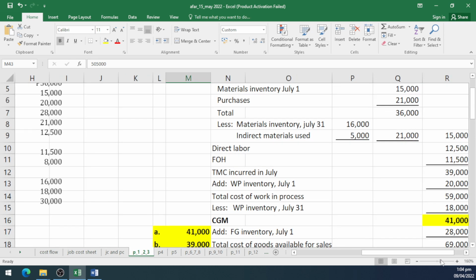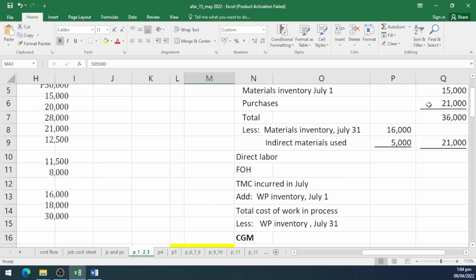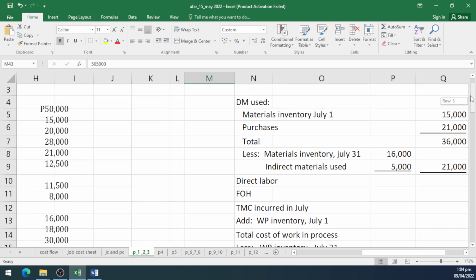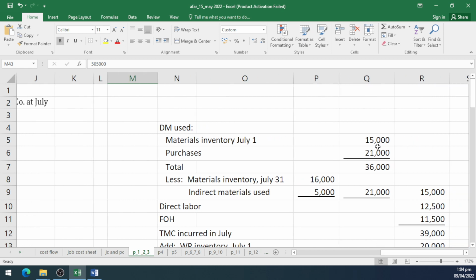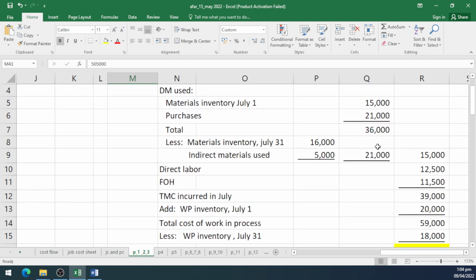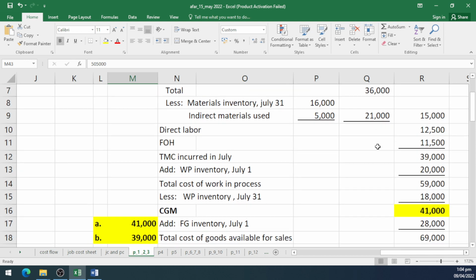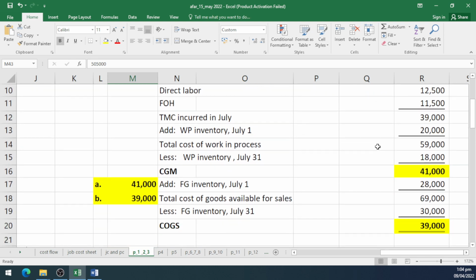So, this will be made available sa inyo kung kakailanganin ninyo. Yan po. 41,000 and 39,000. Okay?